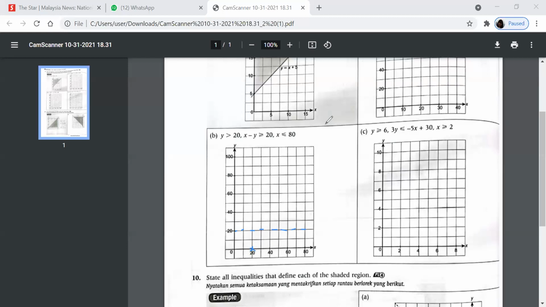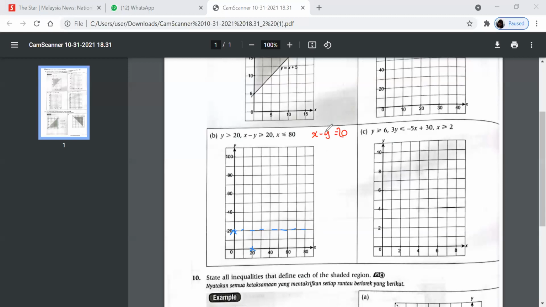And one more. One more is here. That is when x is 0, y is 20? You've got x minus y equals 20, right?